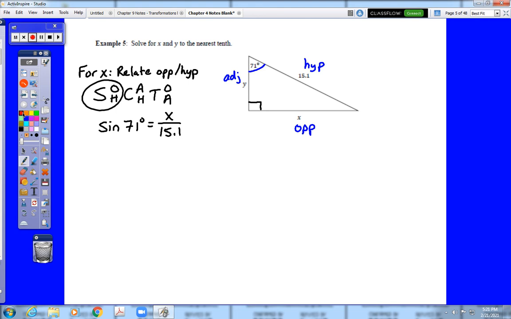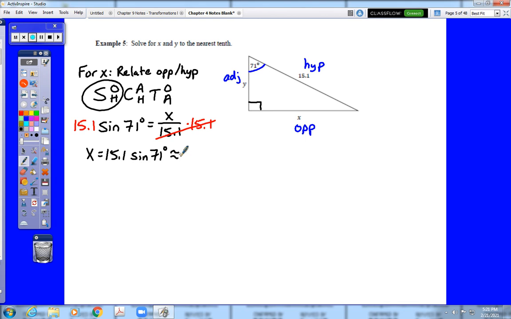To get x by itself, all we need to do, because it's on the top of a fraction, is multiply both sides by the denominator of the fraction, which would give us x equals 15.1 times the sine of 71 degrees, and we're going to feed that to our calculator.